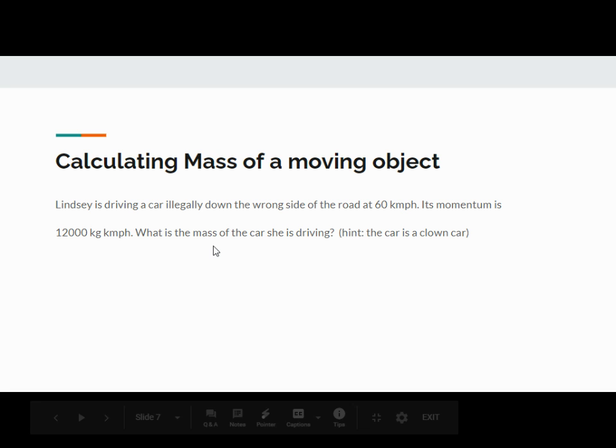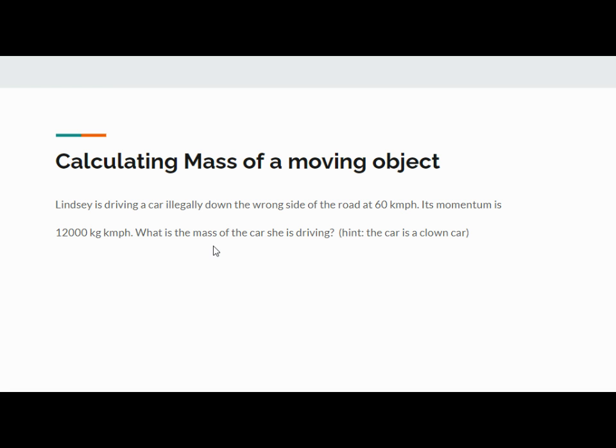Lindsay is driving a car illegally down the wrong side of the road at 60 kilometers per hour. The momentum is 12,000 kilogram-kilometers per hour. What is the mass of the car she is driving? It's not going to be very big, because your hint is it's a clown car. So remember, we do our triangle.